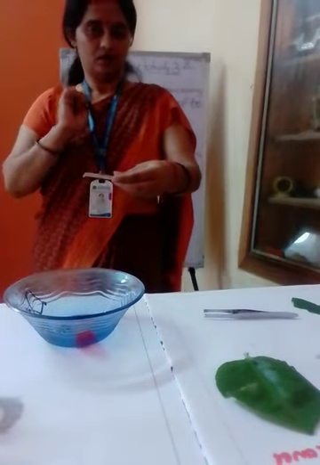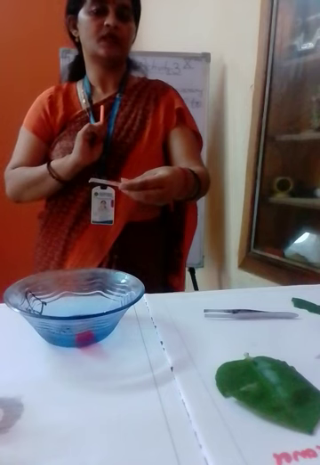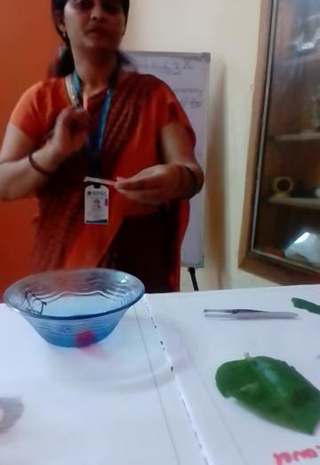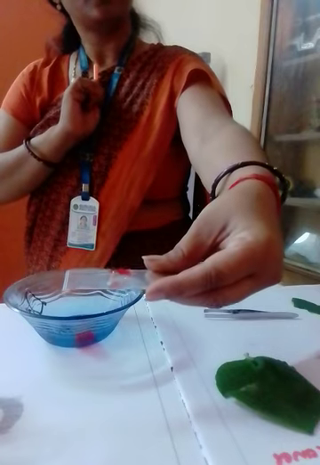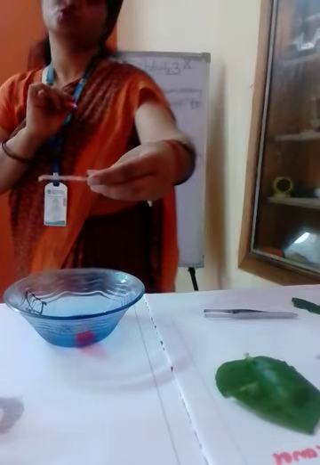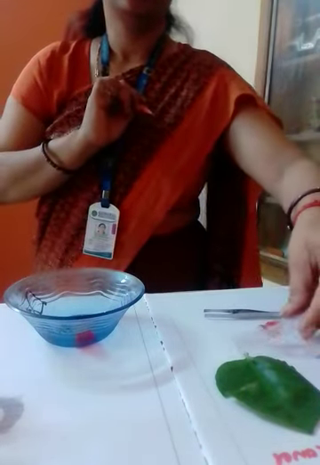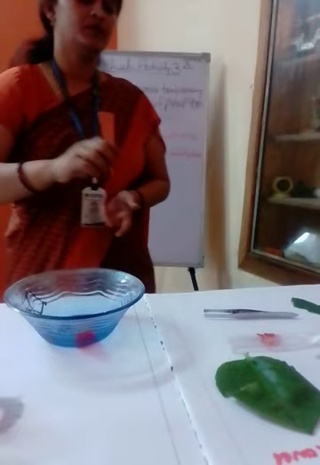Do you understand how to make the stomata slide? A temporary mount of a leaf peel to show the stomata. Understand that? Okay, look, and under the microscope, what will you see?